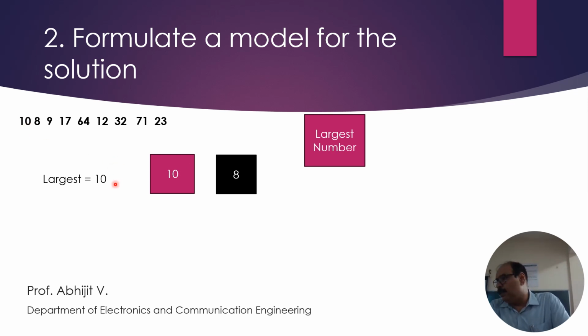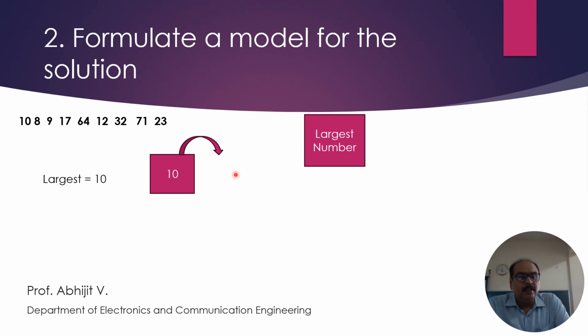The next number is 8. So 10 is compared with 8. Since 8 is less than 10, nothing is done. Next number here is 9. 10 is compared with 9. Again, 9 is less than 10, so there is no change.